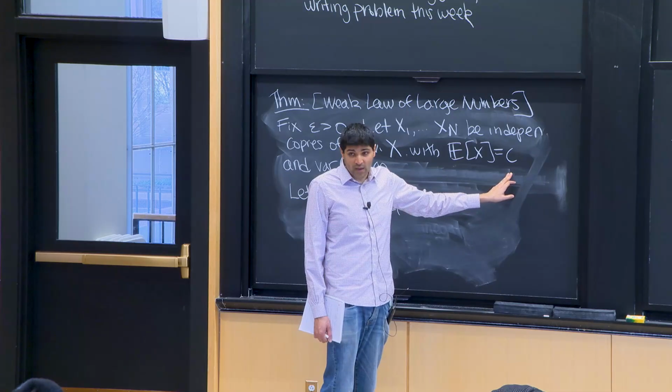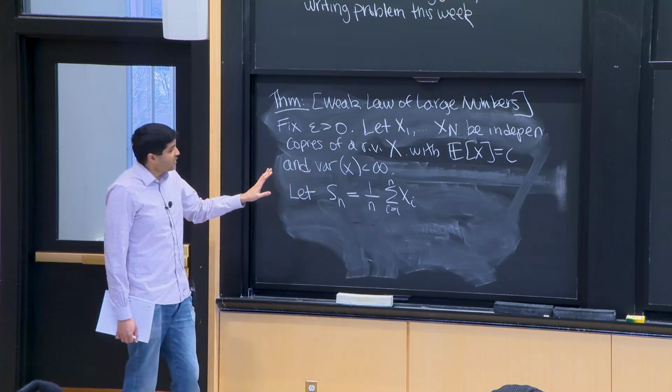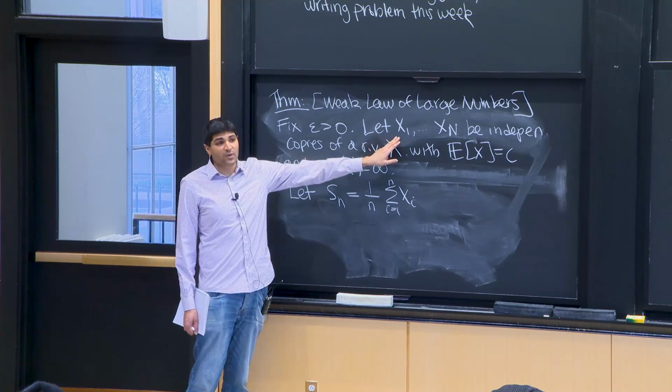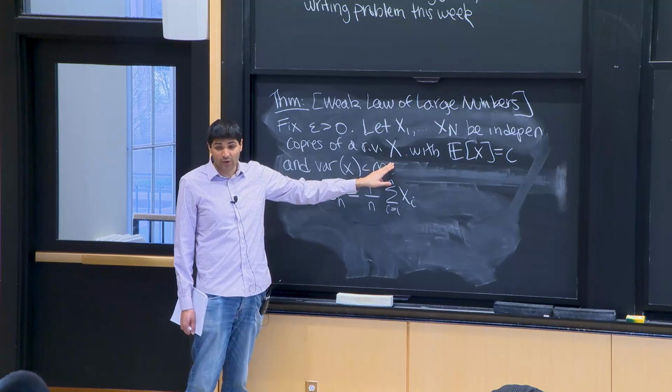So you want to do this forecasting before election day. The natural thing you could try is to get independent samples from X just by calling random people and asking them who they're going to vote for.